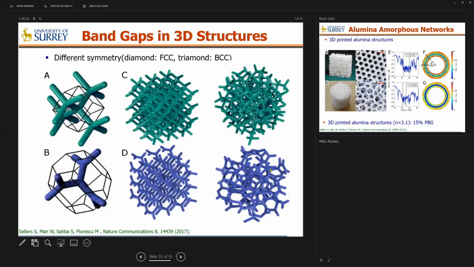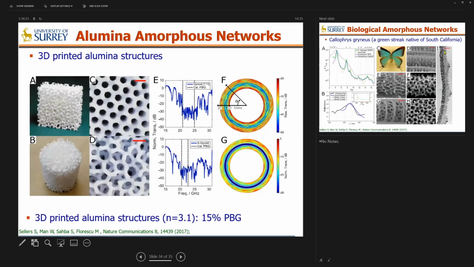And indeed, we 3D printed in alumina, a material of high index of refraction for microwaves. It's like the materials, ceramics, that teacups are made out of. If we 3D print these structures, we find that both the periodic and the disordered variants present very large photonic band gaps.